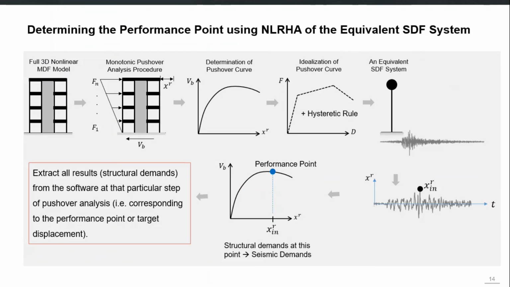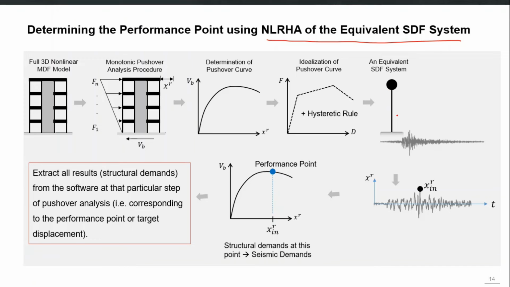This is that third method which I was talking about, and that is that you directly perform the nonlinear time history analysis of that equivalent nonlinear single degree of freedom system. So you push your building, generate the pushover curve, give it as a force displacement relationship to your single degree of freedom system, and perform the dynamic analysis of that single degree of freedom system.